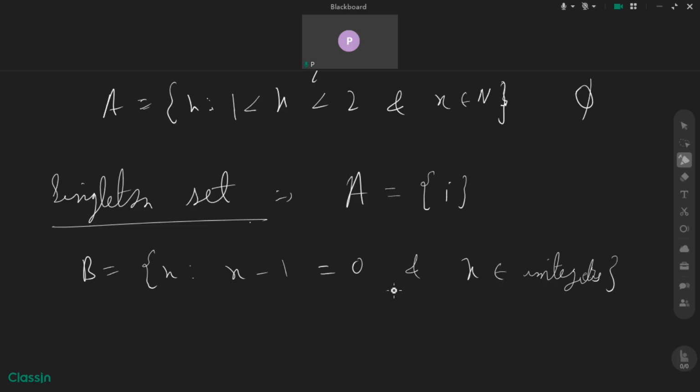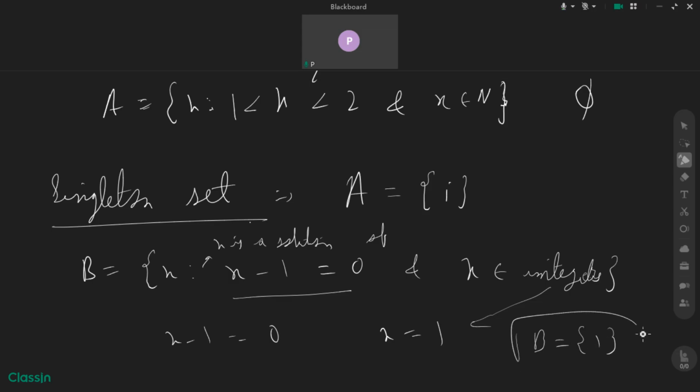Here x represents a variable in an equation, and the set says that x is a solution of this equation and x belongs to integers. When I find the solution of x minus 1 equal to 0, we see that x is equal to 1, and we know that 1 is an integer, so it has just one solution. So set B is equal to {1}. So a singleton set is a set which has just one element.